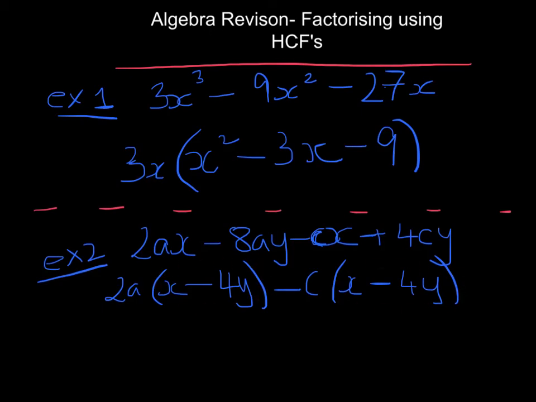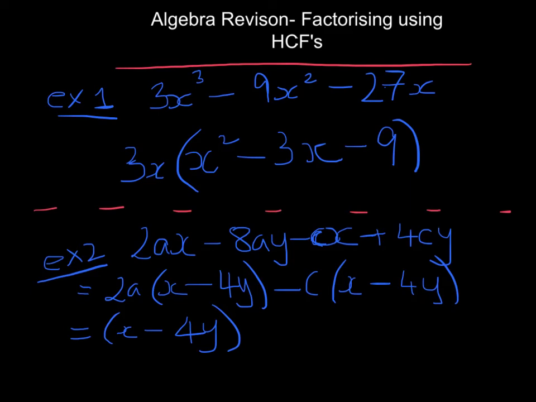And that thing is called a binomial factor. The binomial factor comes to the front, because I'm taking out the highest common factor of those 2 terms. Well, I've got one. It's this thing here, so let's move it to the front. Then the other factors go into the other bracket.